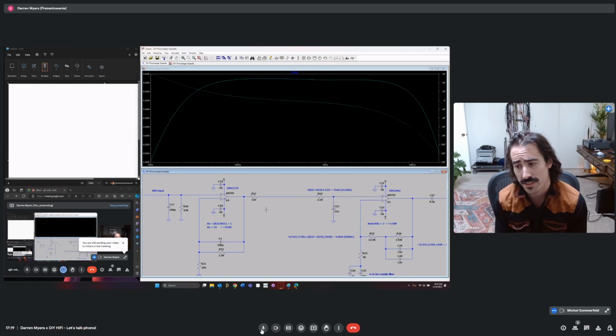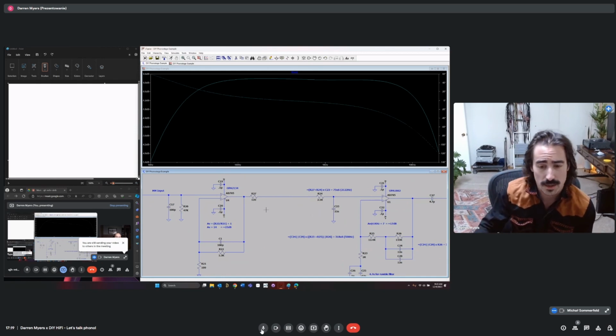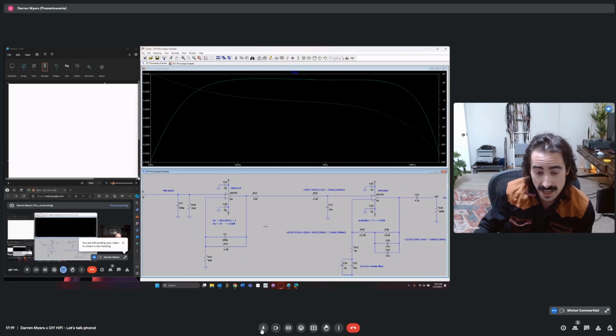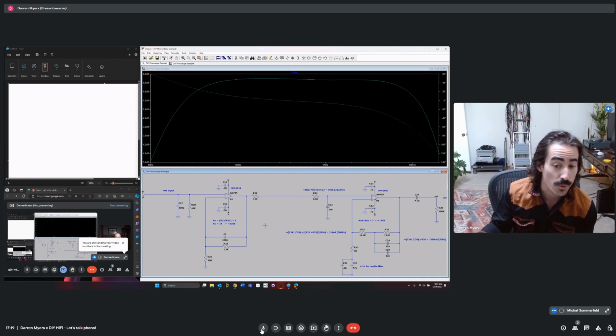And the reason why it's important to us is because, unlike a preamp or the input of a power amplifier, we're applying a lot of gain. This is 23 dB here and 17 dB here. That is a lot of feedback, a lot of correction, that is being removed from the signal path.